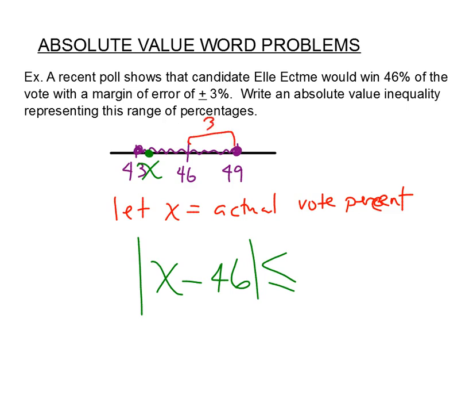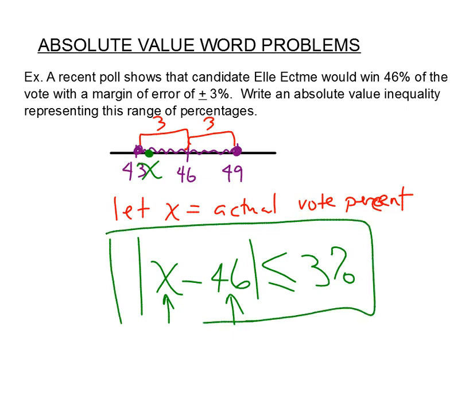It's 3%. What's the maximum distance going back from 46 to 43? Well, 3%. So the actual vote percent minus the middle 46% would have to be less than or equal to 3%. I hope that makes sense. So this is a way of representing this problem using an absolute value inequality.